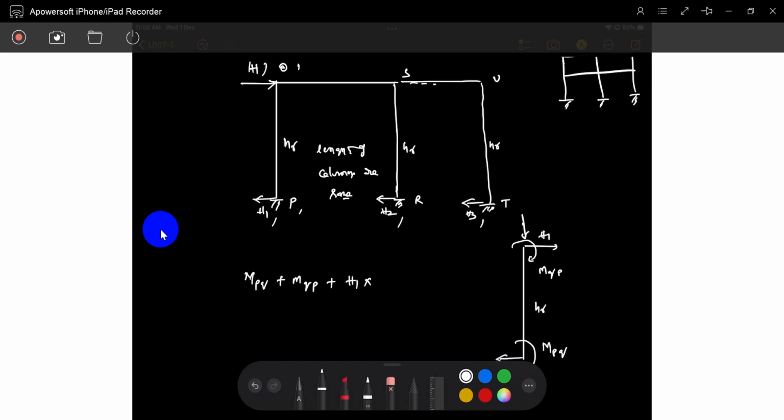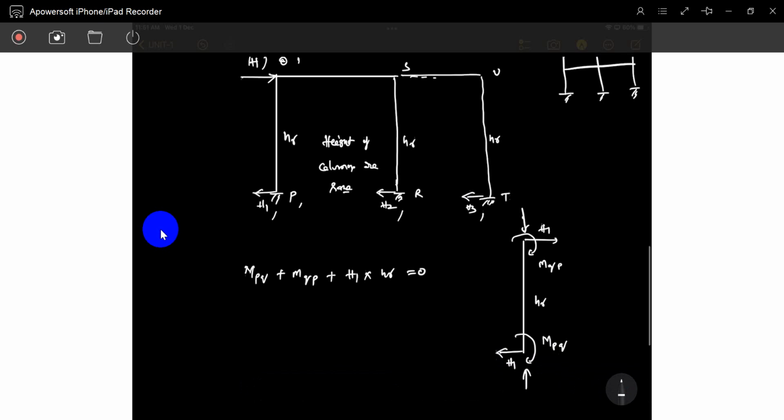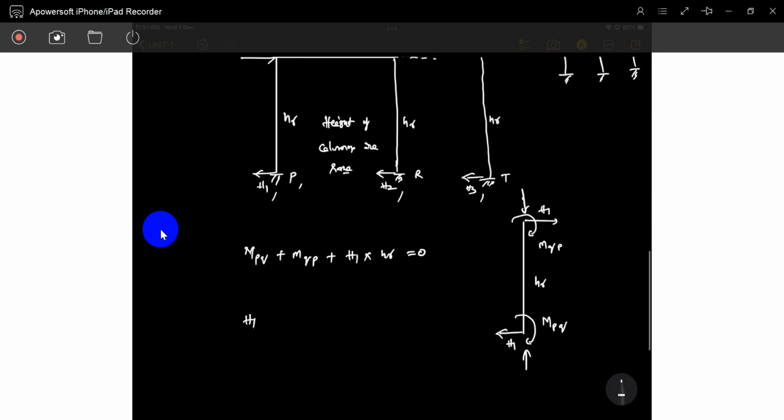Length is not a good word to represent the height of a column. This should be equal to 0 because it's an equilibrium equation. So H1 equals (MPQ plus MQP) divided by HR.